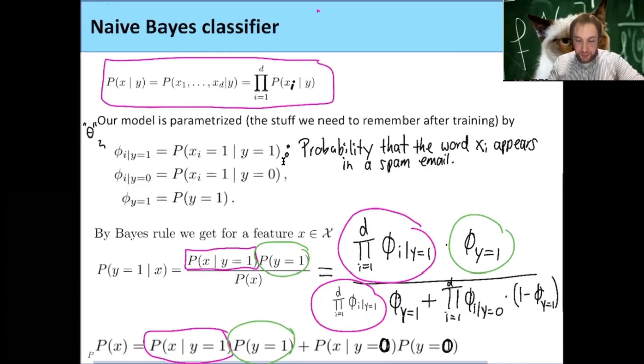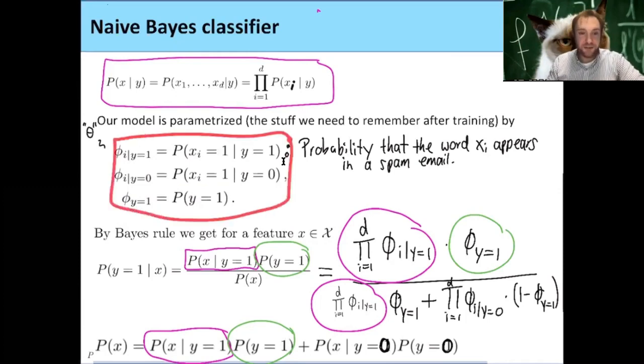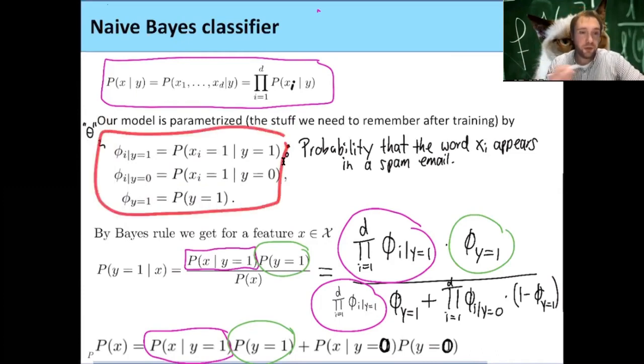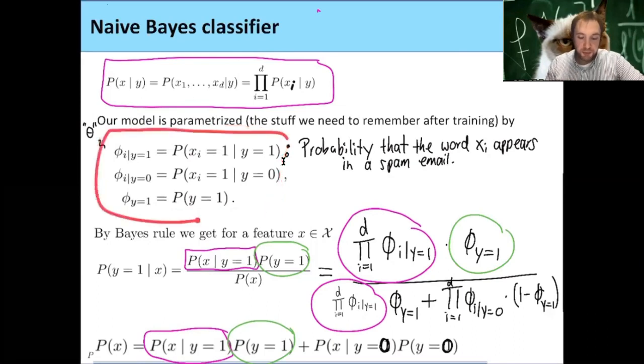Okay. So we want to calculate these things here. And so I said they correspond somehow to our theta, and for the theta we needed to do some work. We needed to do this gradient ascent or the gradient descent for linear regression. But in this case, if we give them some training data, then these probabilities are actually quite easy to calculate.